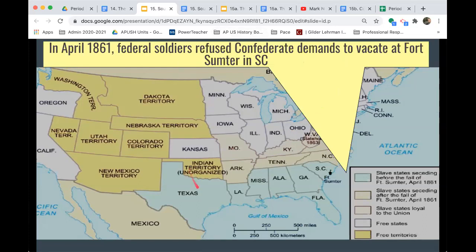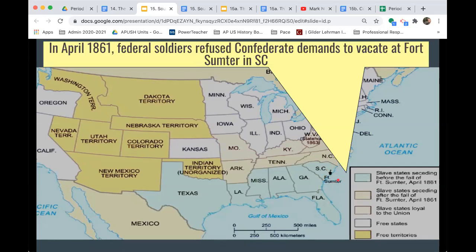Now, as I've told you, the southern states, as they secede, they're going to seize all the federal property in their state. Fort Sumter is one example of federal property that the South could not seize because it is a fort off the coast of South Carolina that's held by the U.S. Army, the U.S. military. So it is still in Union hands.